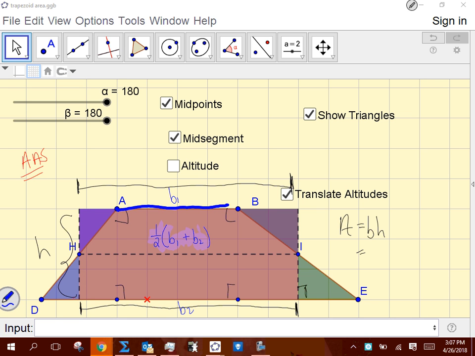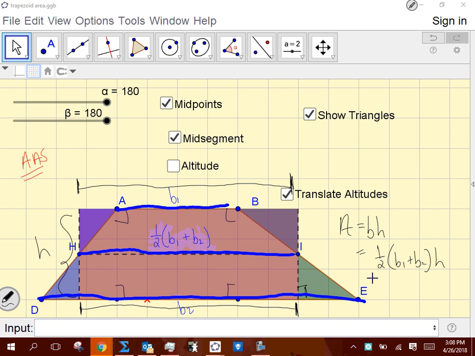So we agree that the base for the rectangle is bigger than B1, right? This is B2. So the base of the rectangle is smaller than B2. But isn't it exactly the same as that right there? So this base is actually 1/2 (B1 plus B2). And I have to multiply by h.